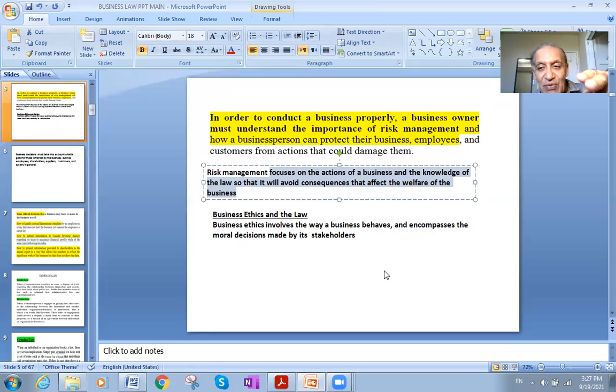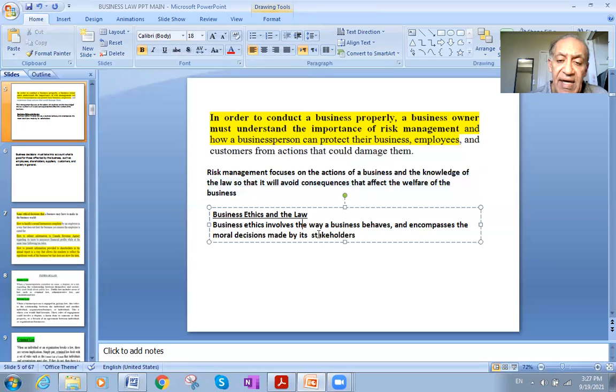When you know what is legal and what is illegal, you will be able to reduce your risk, because the risk of breaching the law, or making things wrong, will lead to a fine, an offense, a crime, or decisions by the courts. So this will lead you to big trouble. If you know before you do it that this is wrong and this is right, then you will reduce this risk.